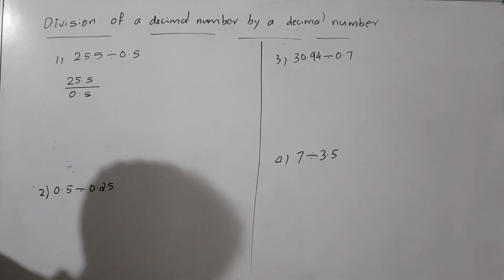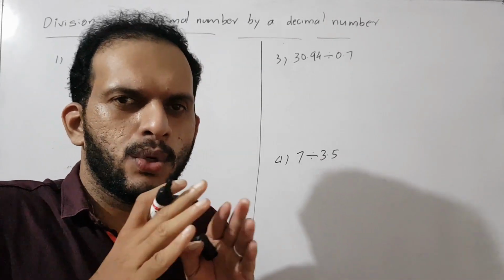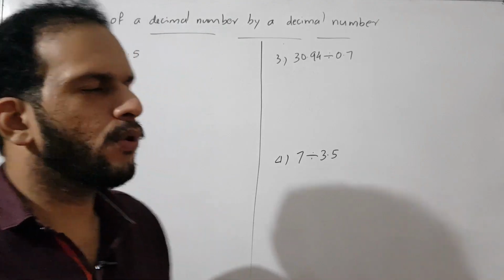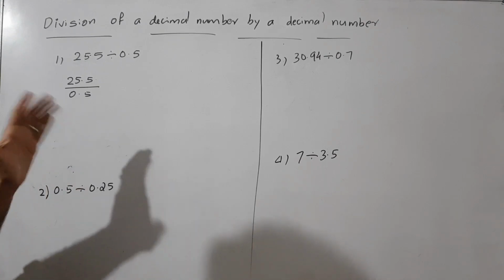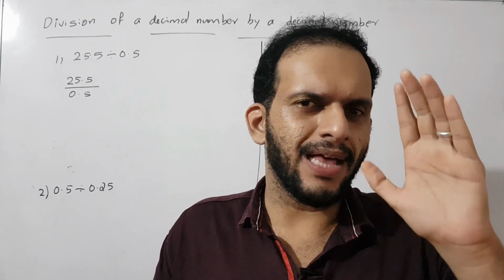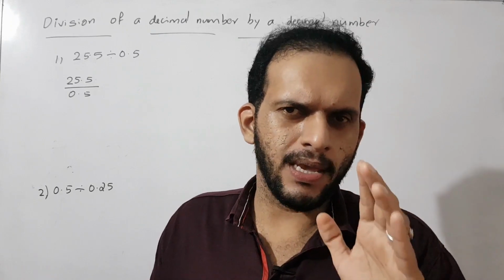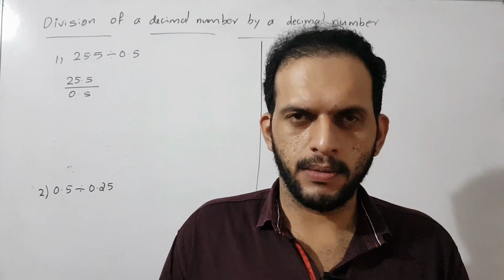I told you, if we need to divide, the denominator should be a whole number. Then only does the division happen. Don't forget that is possible only when the denominator is a whole number.